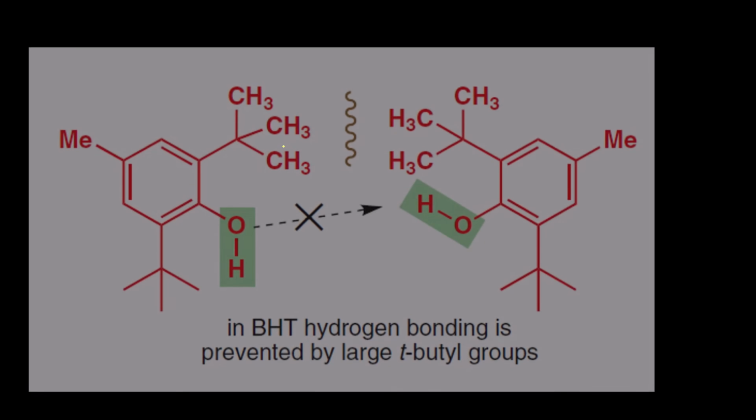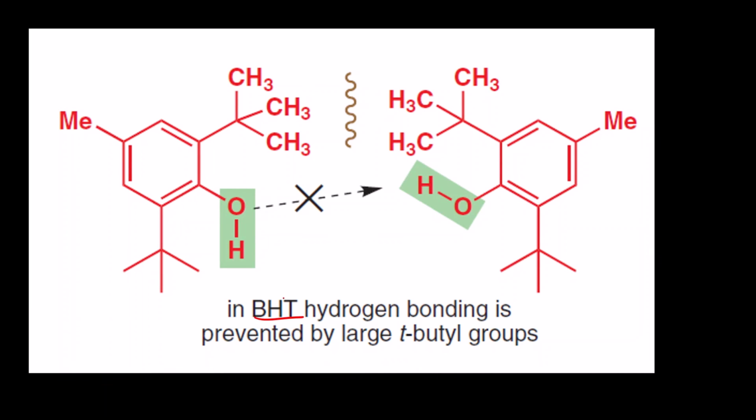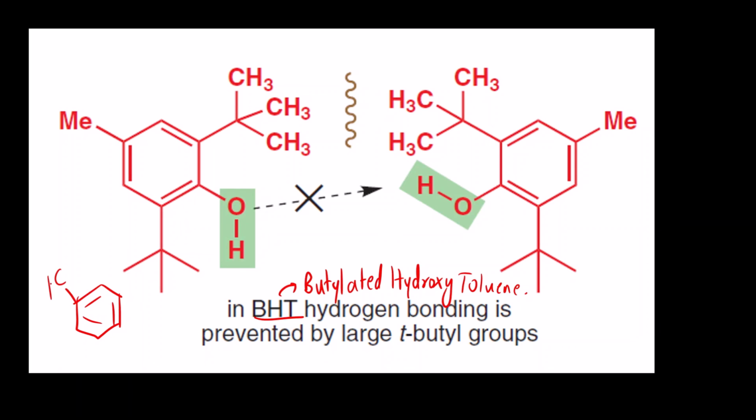Let us understand this with the help of an example. This is the BHT molecule, butylated hydroxytoluene. What is toluene? Benzene with a methyl group.